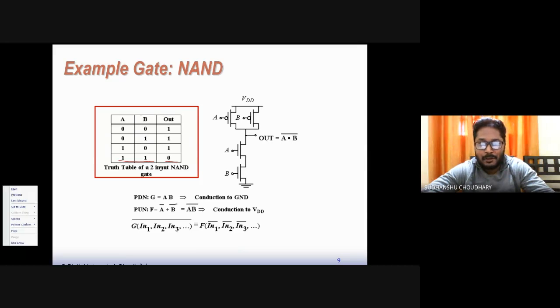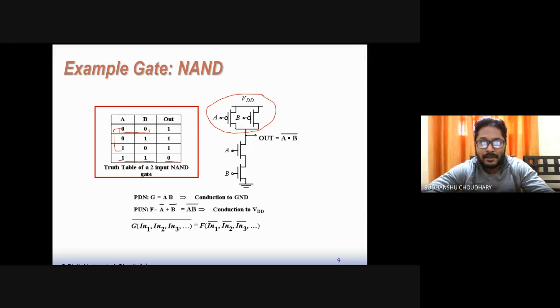Now one thing you will notice here is that for the input patterns, for example 0 1, 1 0 and 0 0, these three patterns, the delay will be different, especially in the case when both the PMOSes are on.